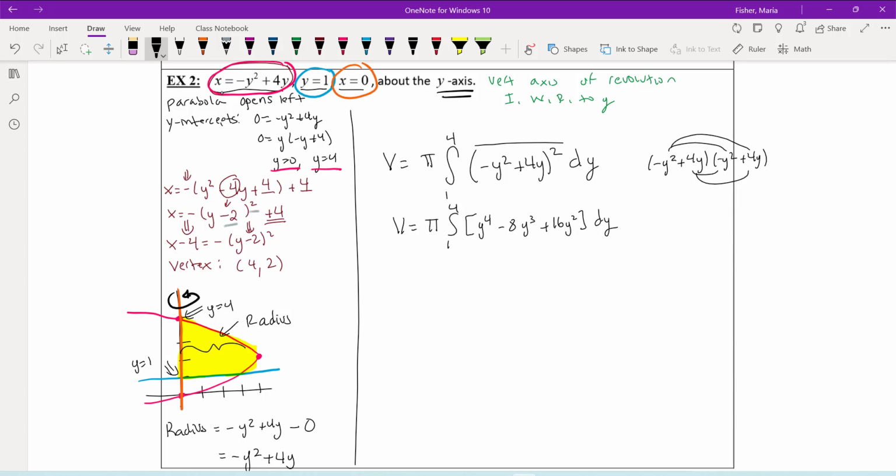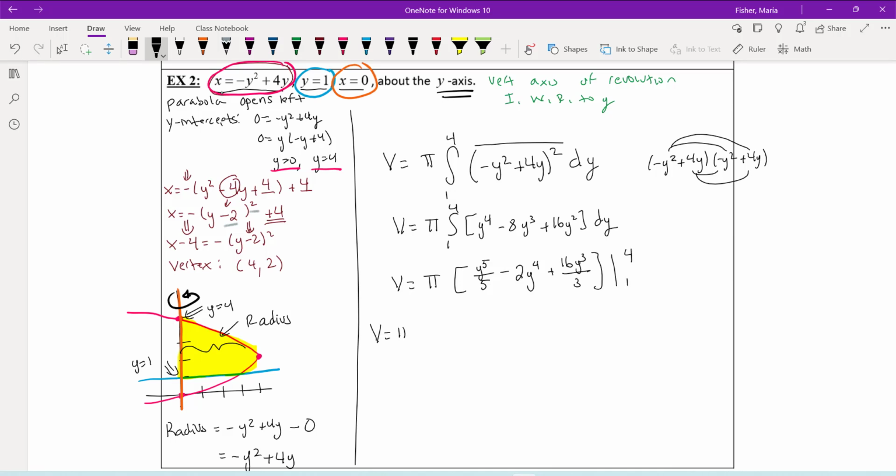Now that I've distributed, it's time to integrate. So I end up with pi times y to the fifth over 5 minus 2y to the fourth plus 16y cubed all over 3, and this gets evaluated from 1 to 4.